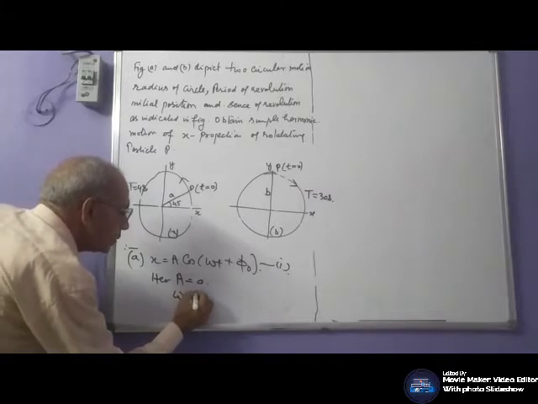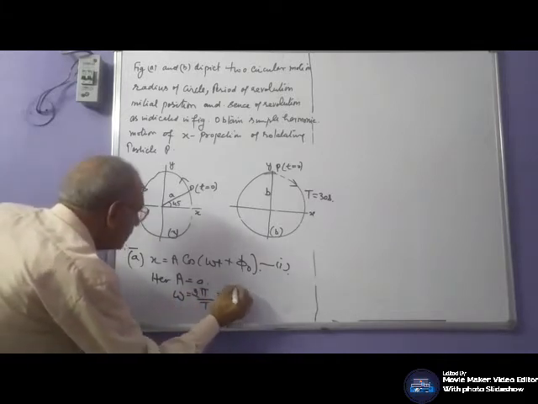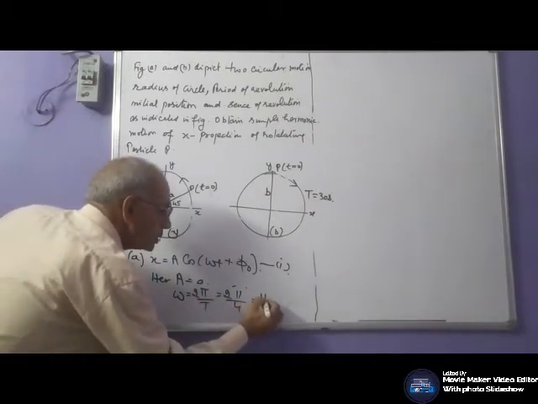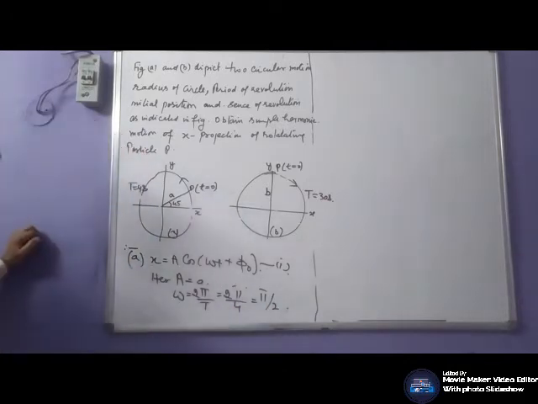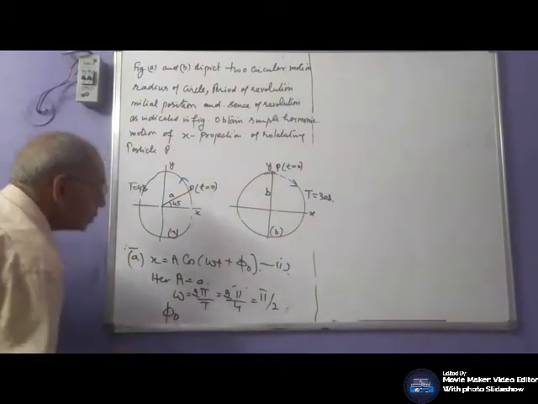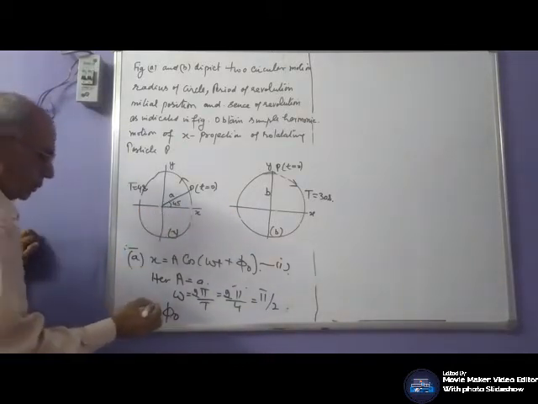Omega is 2 pi by T, and T is 4, so it is pi by 2. Phi naught, this is phi naught.